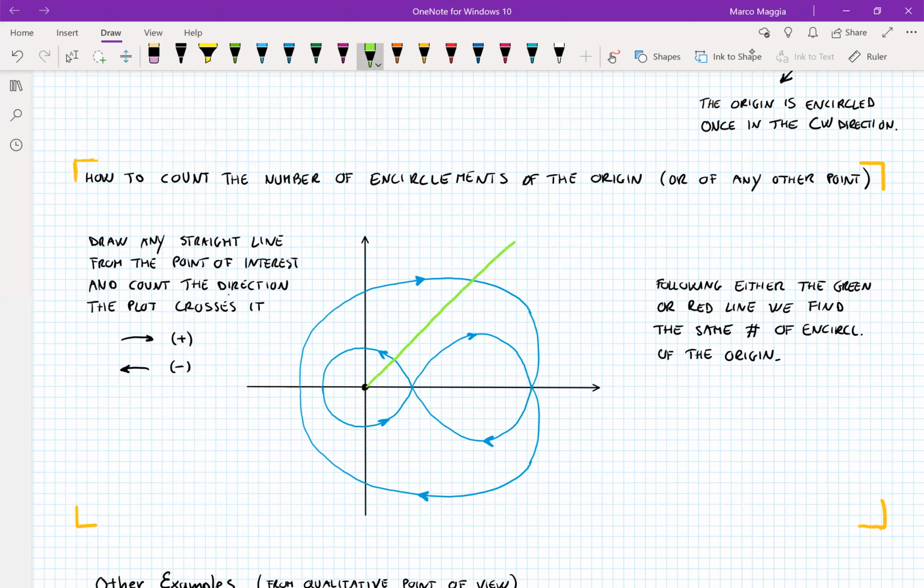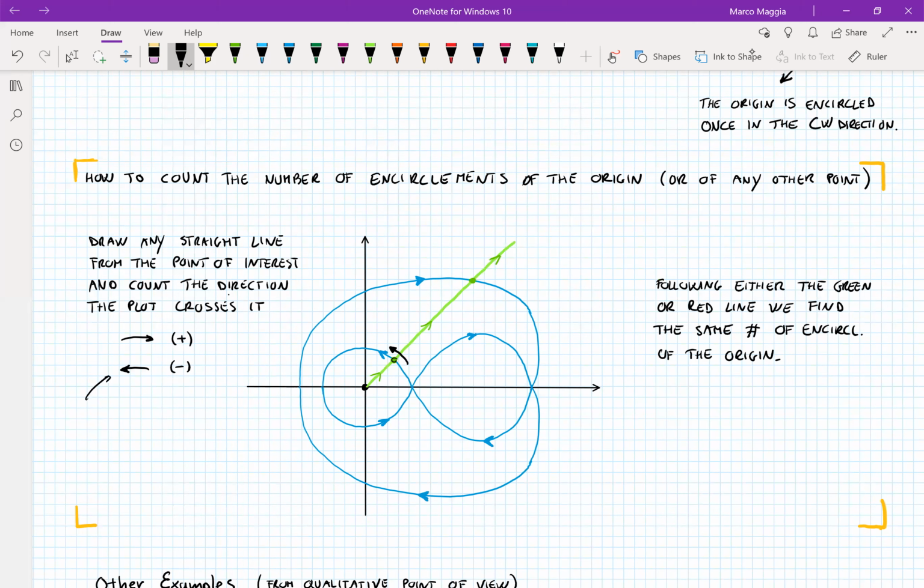Now count all the intersections with the contour. In this case, we have 2 intersections. And put yourself on the line. So from the origin, in this case, move away and see how the plot crosses your way when you intersect it. So at the first intersection, the curve intersects from right to left, in a sort of counterclockwise.